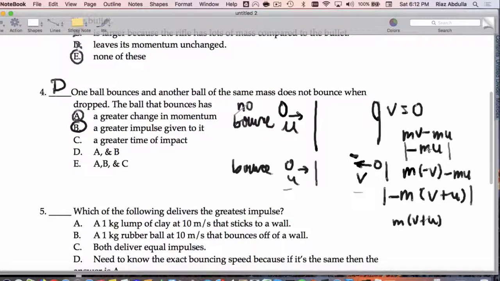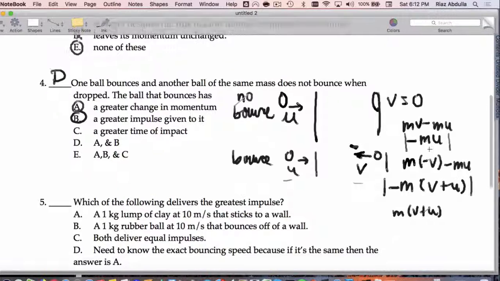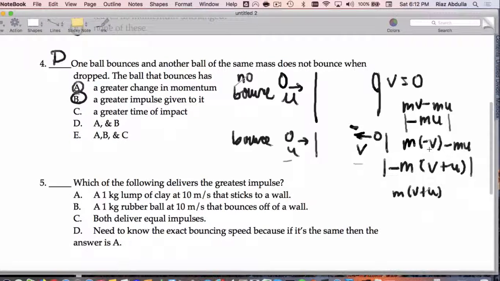So the thing about any concept question in physics is, it's never a concept question. It's always a calculation. So, which of the following delivers the greatest impulse? A 1 kilogram lump of clay that sticks to a wall, one that bounces, both deliver equal impulses. Nope and nope. It's always the one that bounces that delivers the biggest impulse. That's actually a good takeaway for both these questions.